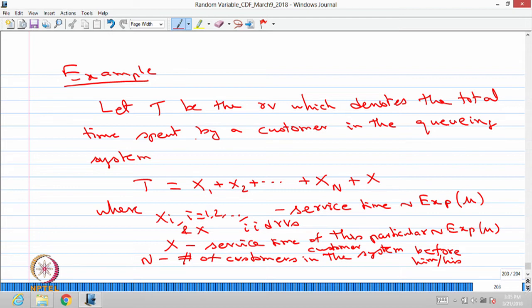When capital N is equal to 0, that means nobody is in the system before he enters, so capital T is equal to x.